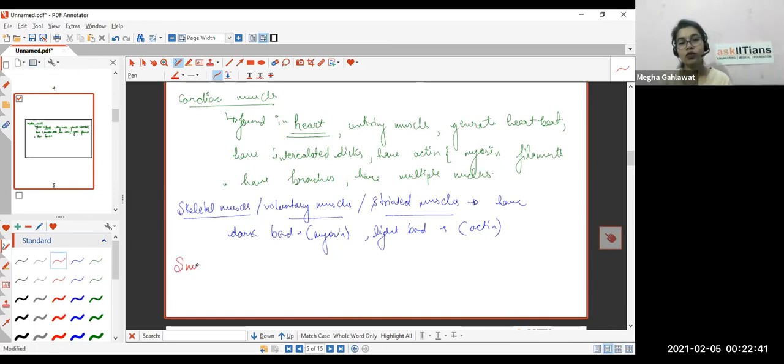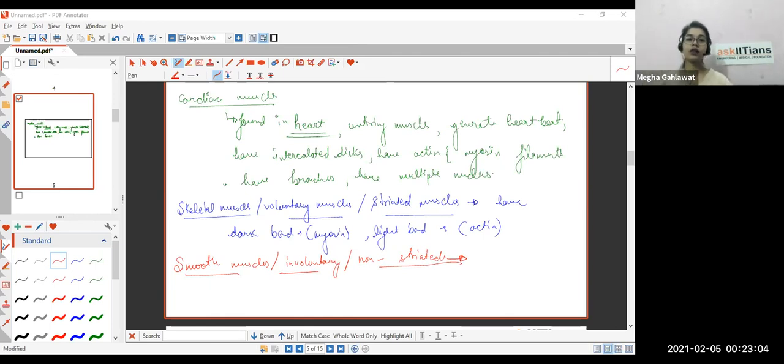Next we have the smooth muscles. Smooth muscles are also called the involuntary muscles, or the non-striated or unstriated muscles, one and the same thing. Why are they called so? Because they do not have any alternate striations.